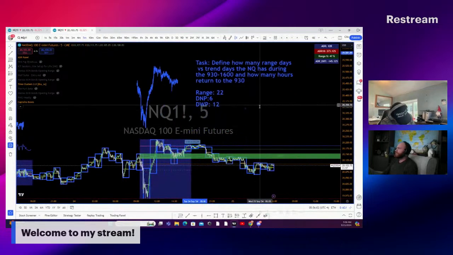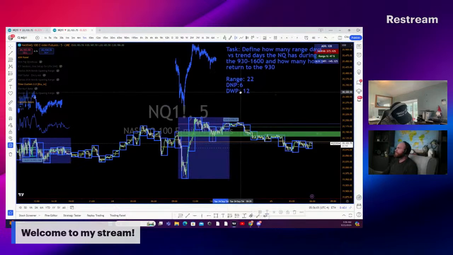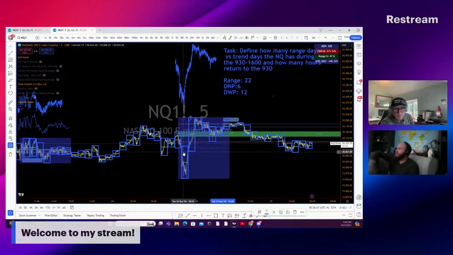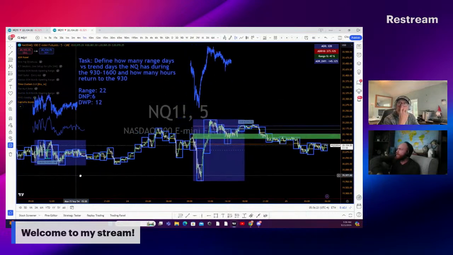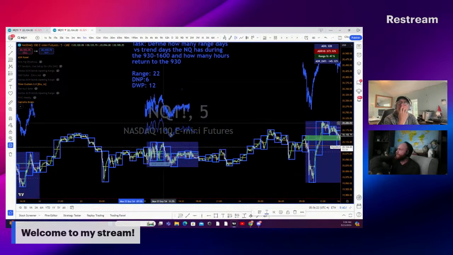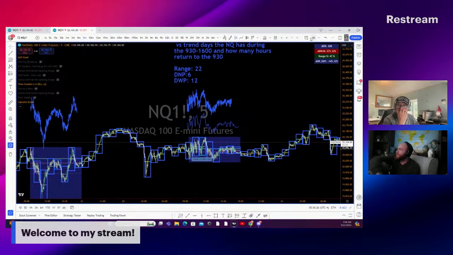So this is an example of a DWP, a directional with pullback, because we touched the 9:31, 2, 3, 4, 5 of the 8 hours, right? We go in a direction and then we turn back. This is an example of a range, right?